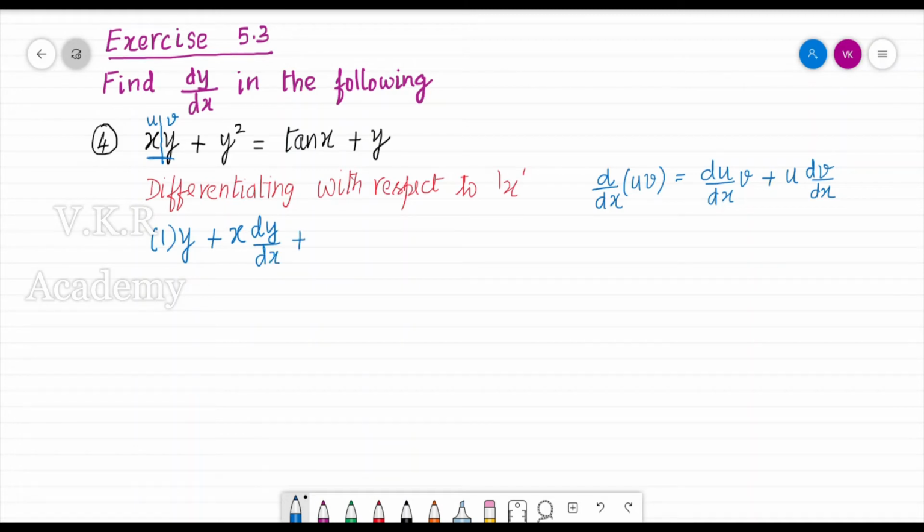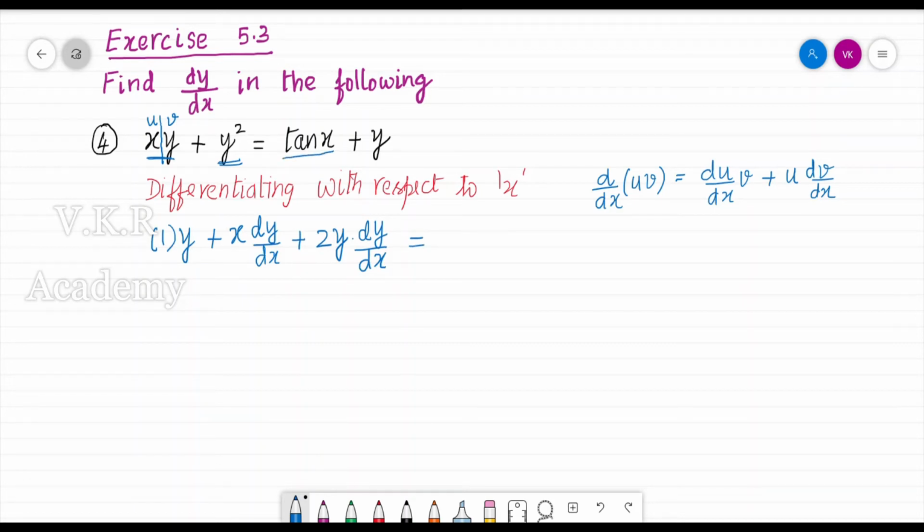Plus the next term is y squared. So differentiating y squared, we get 2y. Then differentiating y, that is by chain rule, we get dy by dx.